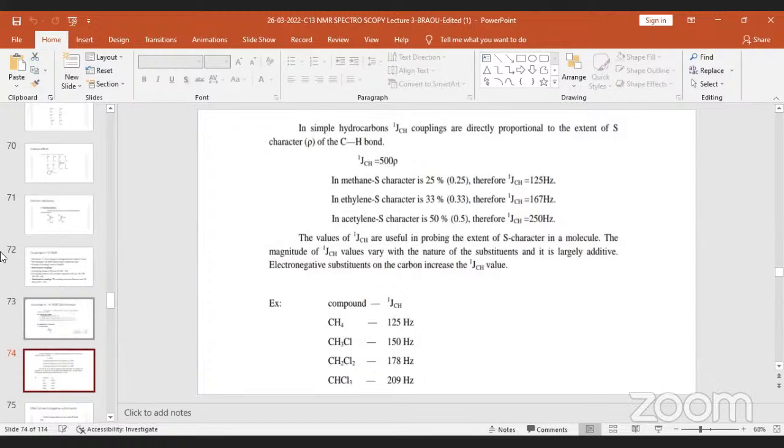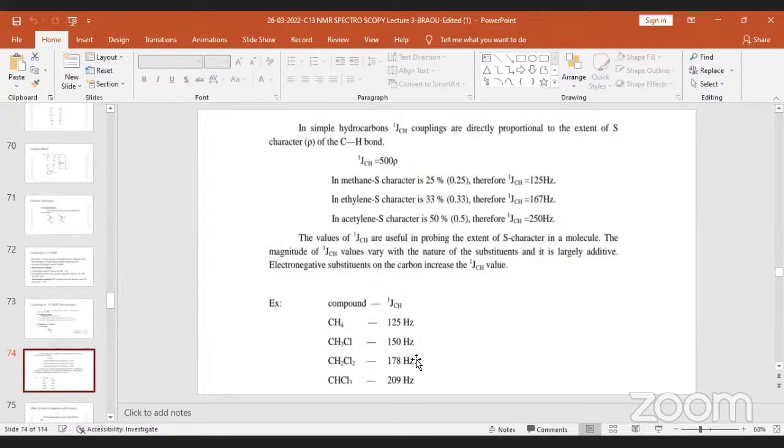The magnitude of J1CH values also varies with the nature of the substituents, and it is largely additive. The more electronegative groups, the greater the coupling constant. I have given one representative example here. CH4, 125 Hertz, and CH3Cl, with 1 chlorine attached, 150 Hertz. So roughly a 25 Hertz increase.